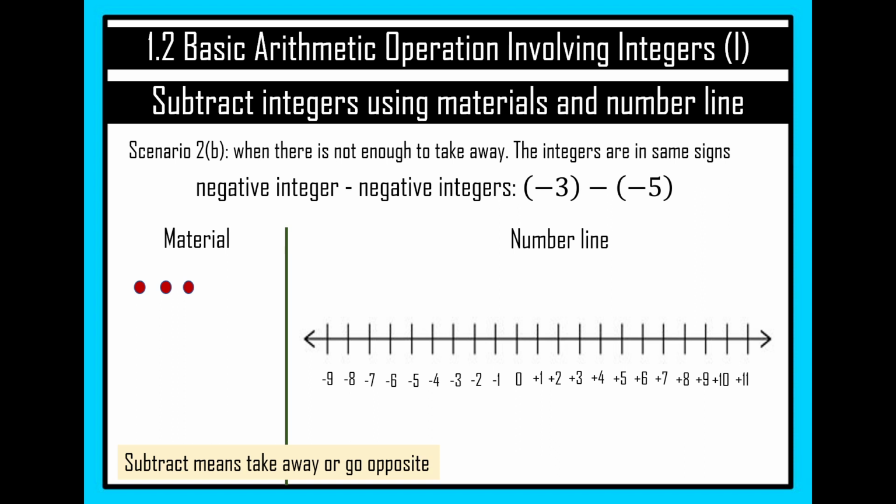The problem is there are not enough red circles to be taken away. So I need to add zero pairs until I can take away 5 red circles. So 1, 2. Now I have enough, 5 red circles, and take them away. Now it is left with 2 green circles, so positive 2.